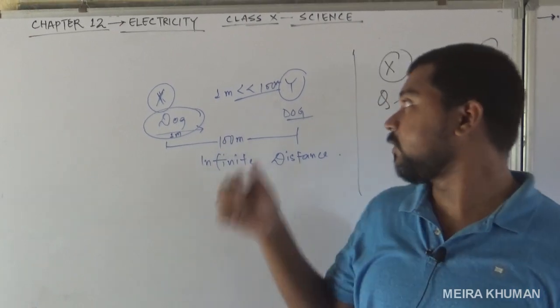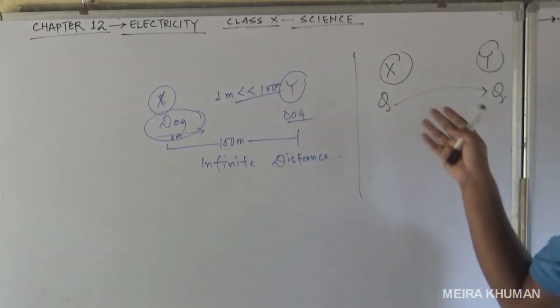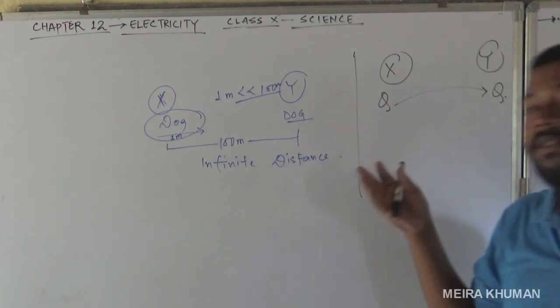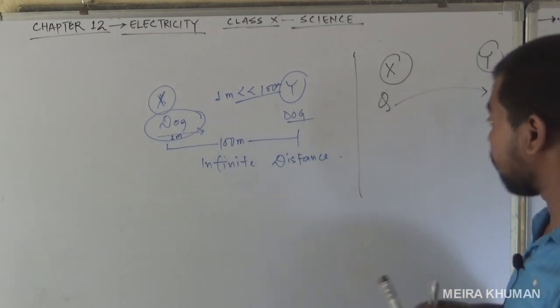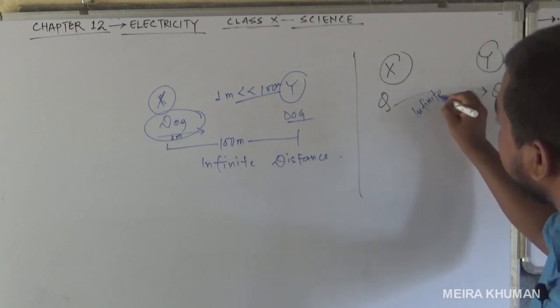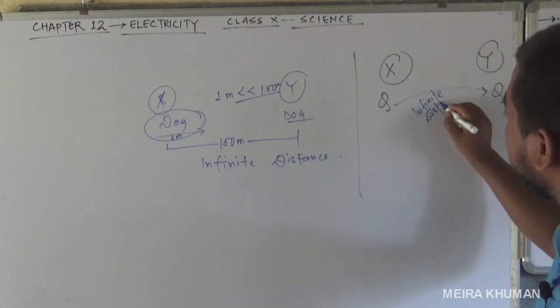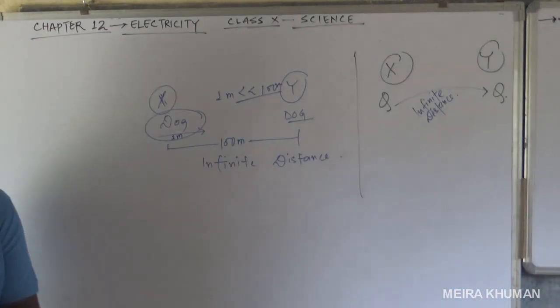That means the size of the charge is very small, and whatever distance it has covered will be much higher than its own size or its own dimension, isn't it? So in this situation also it has covered an infinite distance. Again the charge has covered a distance of infinite. I suppose all these very simple concepts are clear to you now.